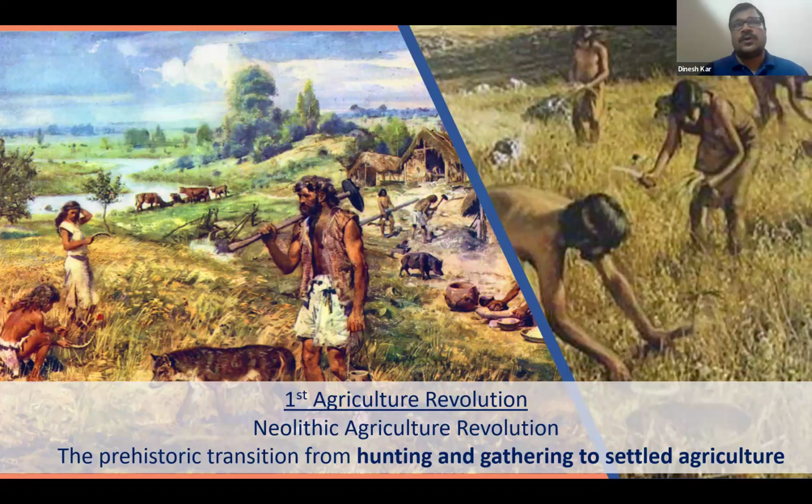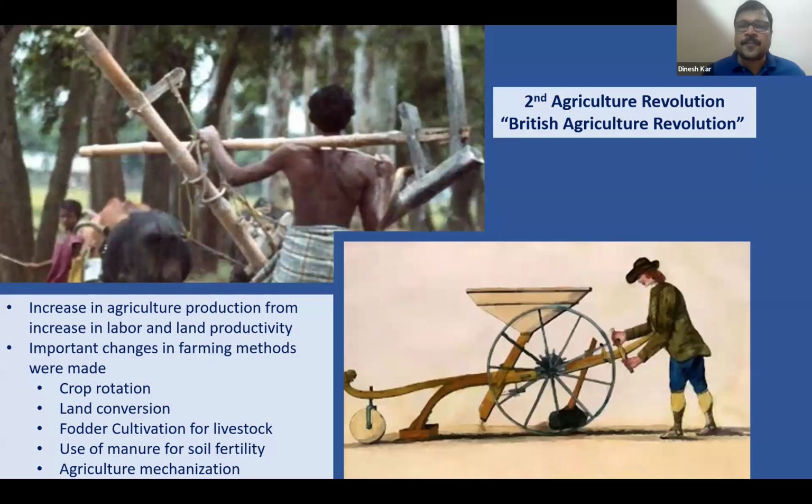We used to go to the forest or any place where we would hunt animals or gather food, bring it to one place and then eat it. So the first revolution happened from the hunting and gathering. We became a settled agriculture. We started cultivating at one place. We started growing our food at one place. That was the first revolution.